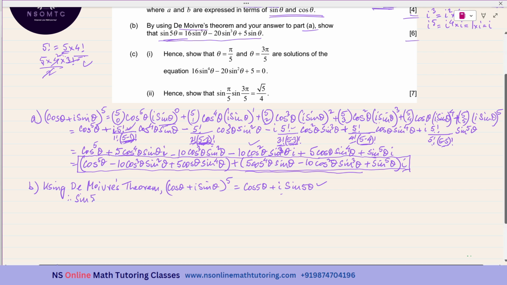Sine 5 theta equal to 5 cos to the power of 4 theta sine theta minus 10 cos square theta sine cube theta plus sine to the power of 5 theta. And now you see that we have equated, fine.